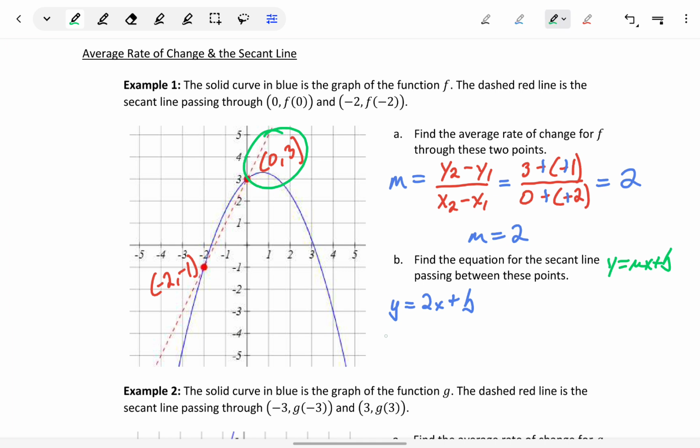That means we can substitute in 3 for y is equal to 2 times 0 plus this unknown value for the y-intercept of b. 2 times 0 will just be 0, so we'll end up with 3 is equal to b, meaning our linear equation in slope-intercept form will be y equals 2x plus 3.